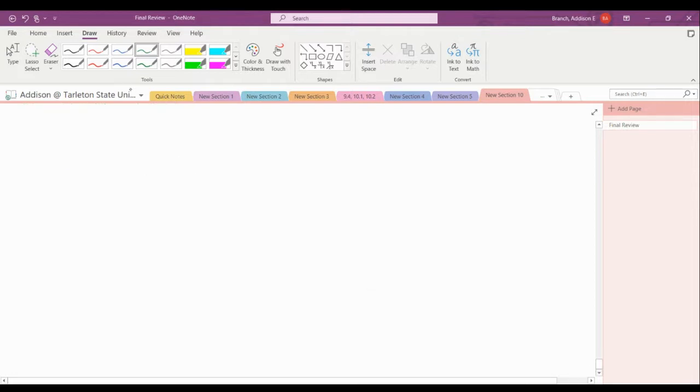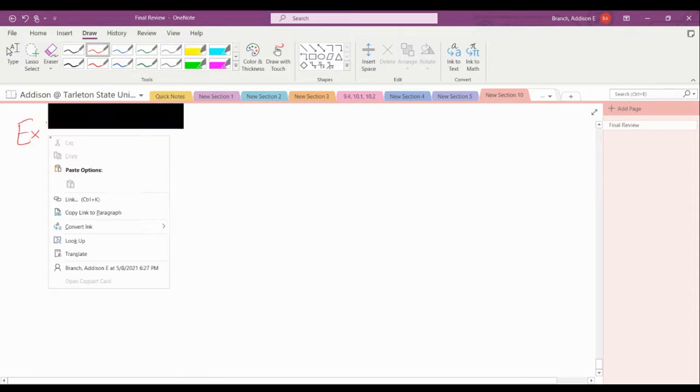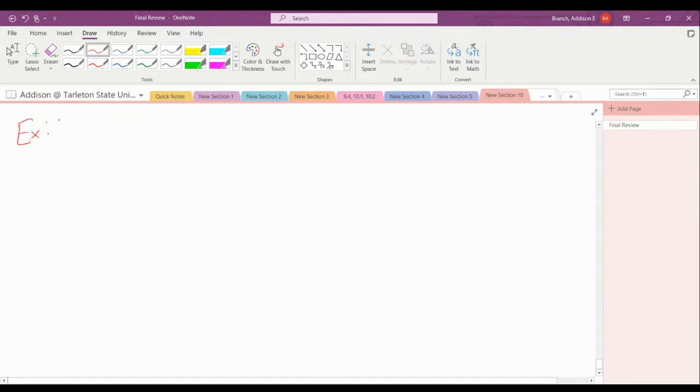So for example, we want to find the Maclaurin series for f of x equal to e to the negative x.